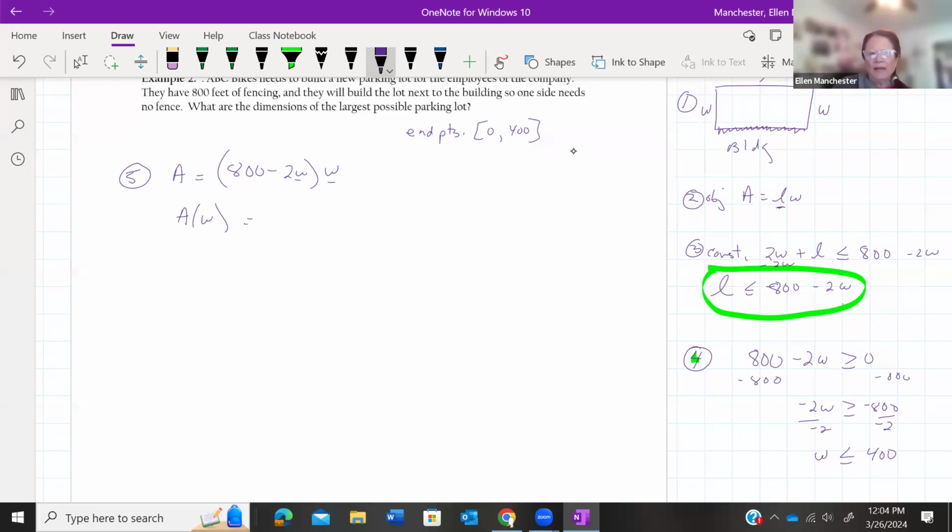Okay, so my area based on my width is 800W minus 2W squared. So I'm just going to rewrite this. Okay, now we're off and running. We have our original function.